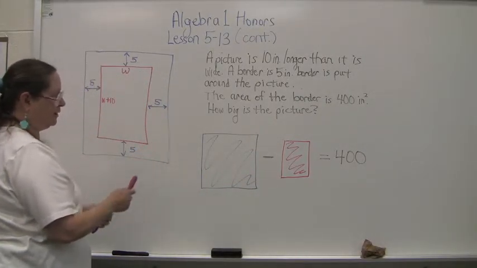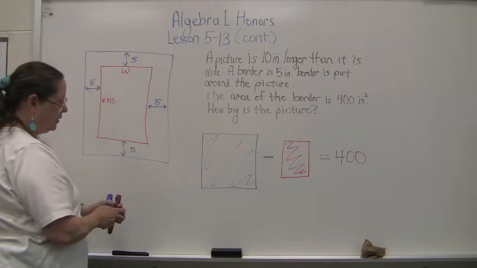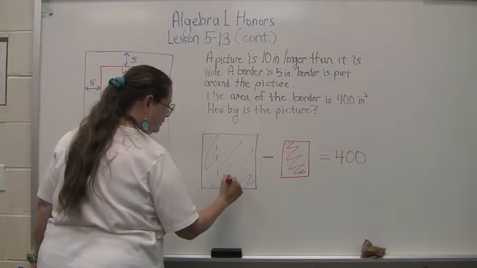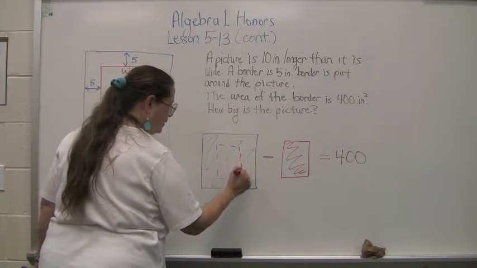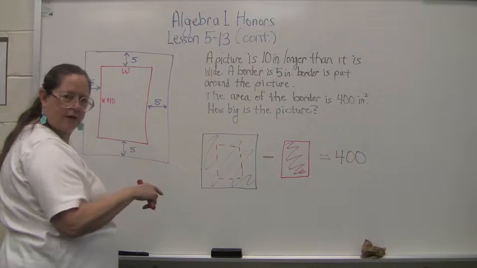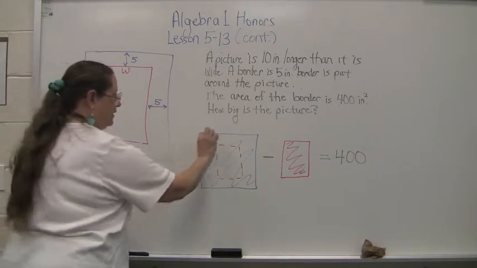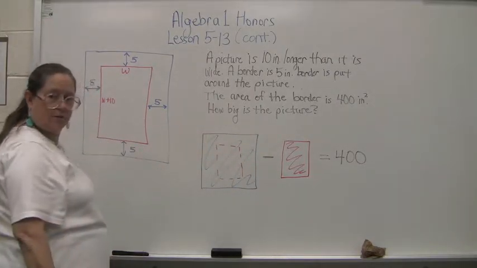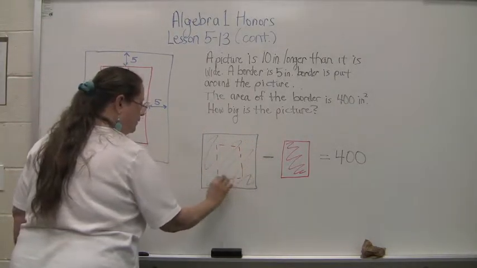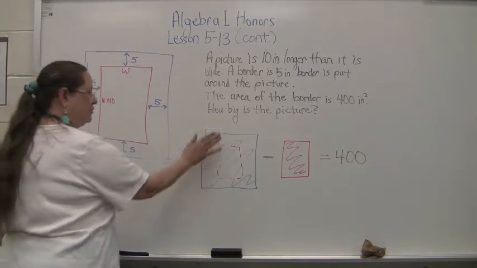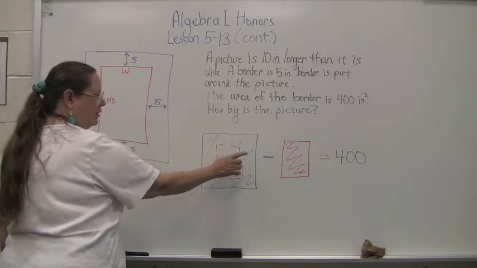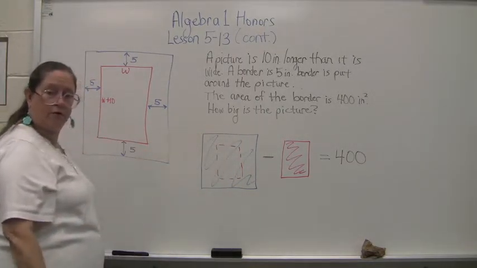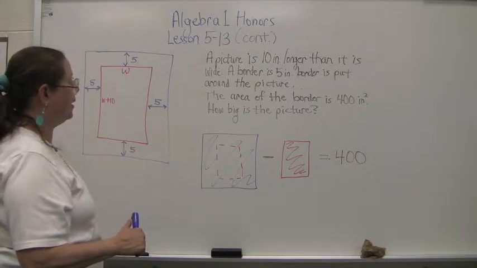Because if you take the blue rectangle and imagine taking a scissors and you cut a hole in the middle, you cut out the red rectangle, what's left is just the border, right, the area of the border. And they tell you that the area of the border, just this part, is 400. So if you take the whole blue rectangle's area and subtract the red rectangle's area, you're left with 400. So it's a very simple problem now.